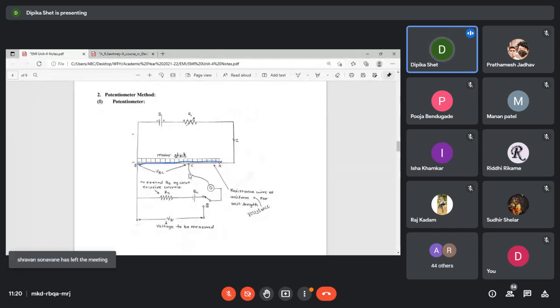Always remember, the galvanometer indicates null or zero when it is at a balanced condition, that is, when the voltage on both sides becomes equal. That means when voltage VBC becomes equal to voltage VB2.